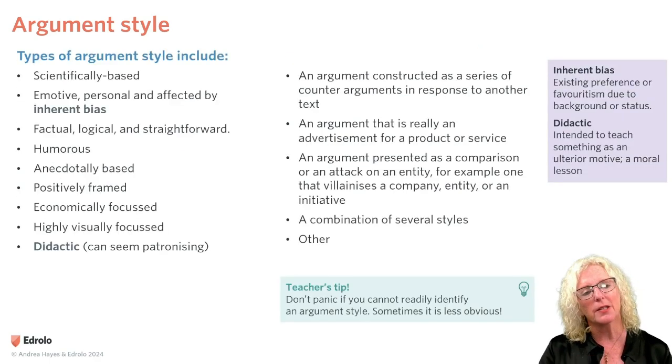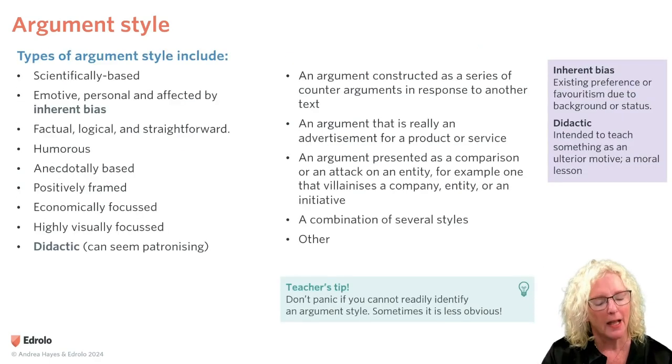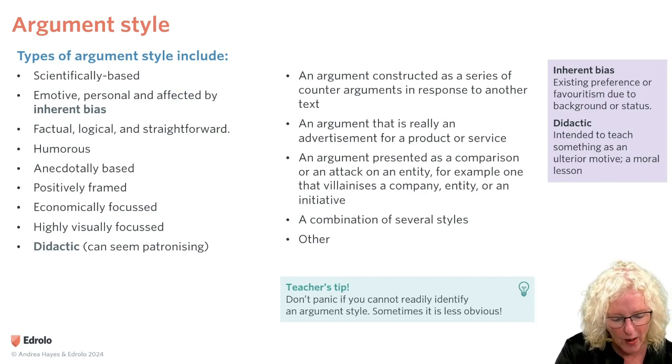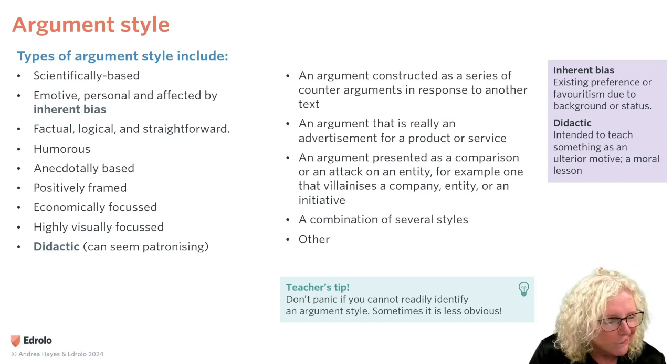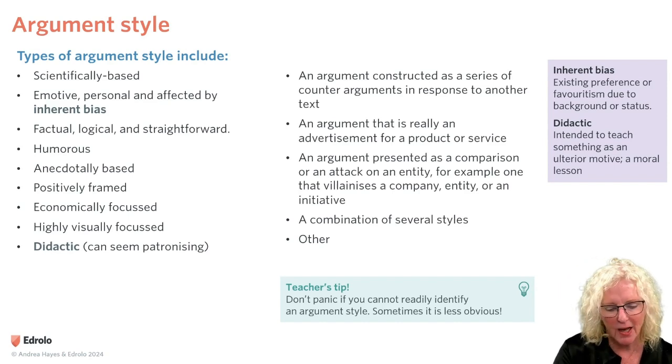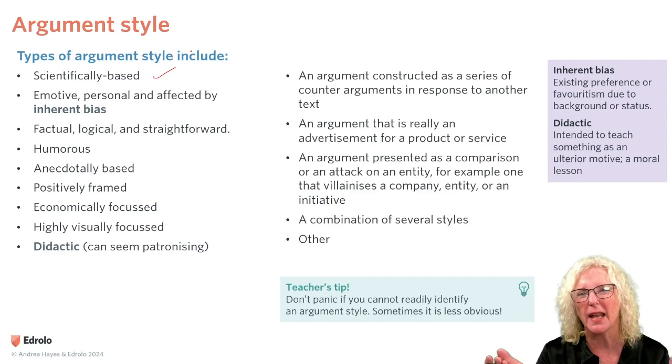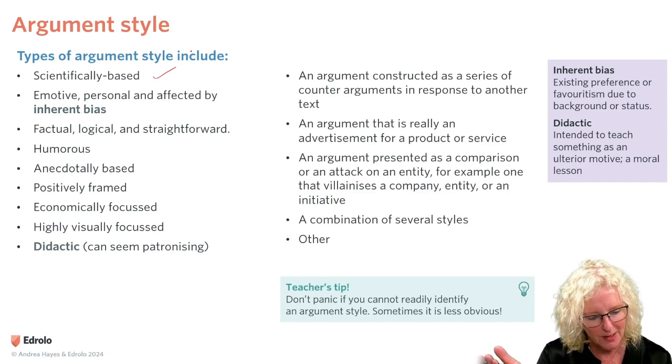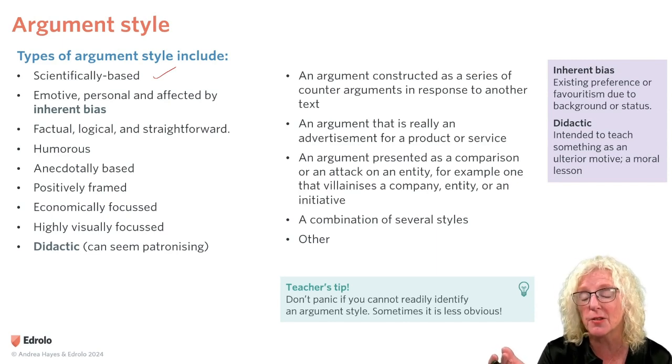Now, argument style, I've written here several broad ones that you may use. Some are pretty obvious, scientifically based for, say, an environmental text. Emotive, personal, and affected by inherent bias. Inherent bias is an interesting term.